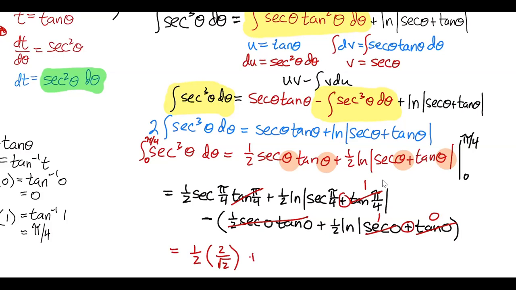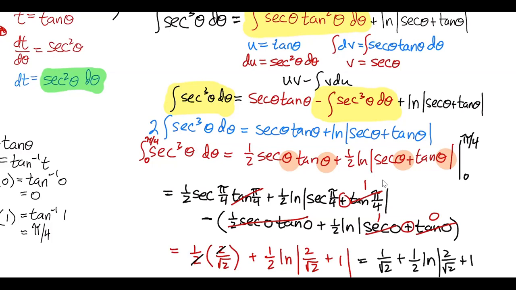Plus 1/2 ln radical 2 over radical 2 plus 1. So the best I can do at this point is cancel the 2's and leave this as a final answer of 1 over radical 2 plus 1/2 ln 2 over radical 2 plus 1.